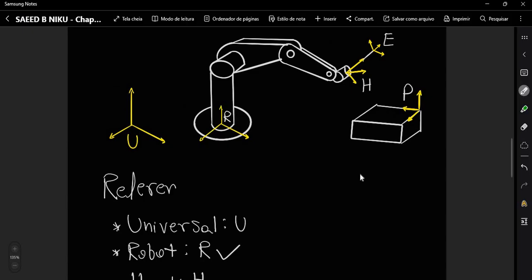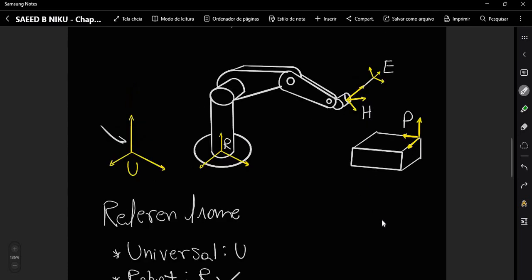This one I think we can call reference system. But right here, the origin of the robot, we call reference frame. The hand of the robot is a reference frame.